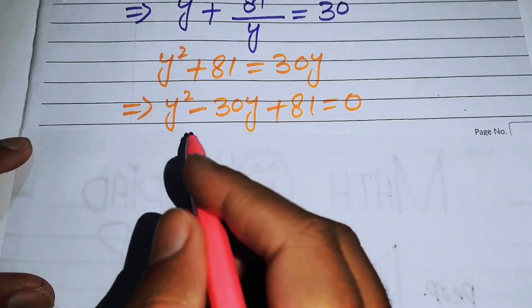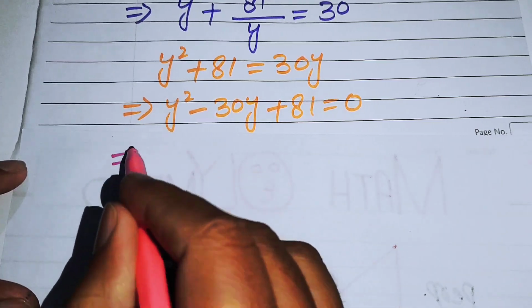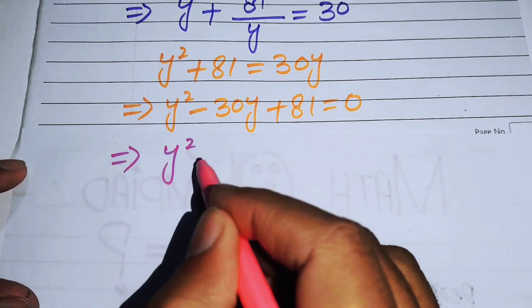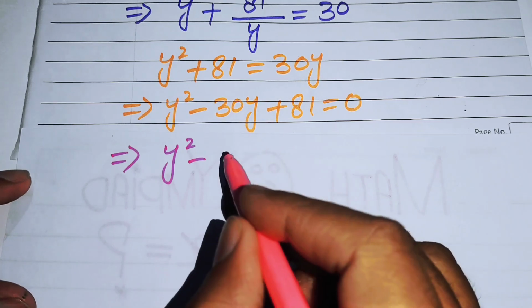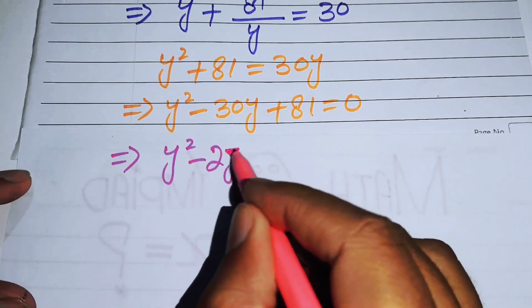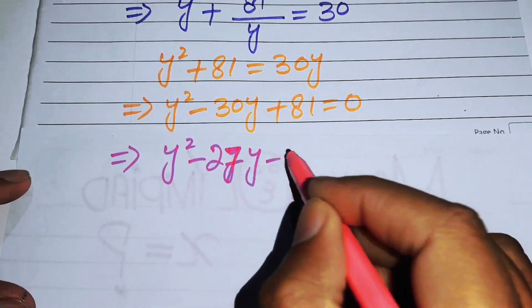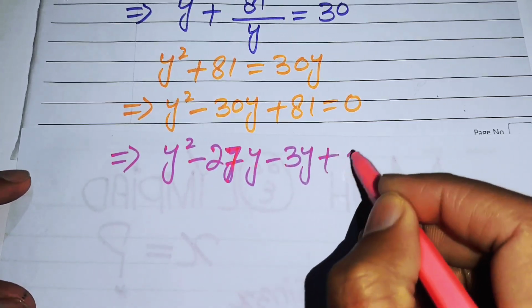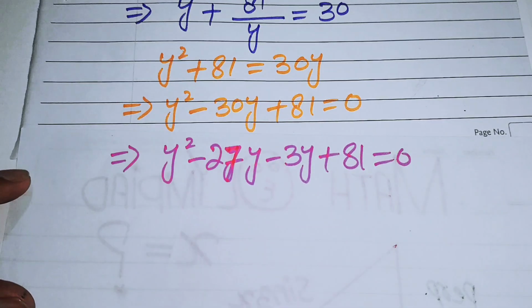In the next step we will factor this equation, so we write minus 30y as minus 27y minus 3y, plus 81 equals 0.